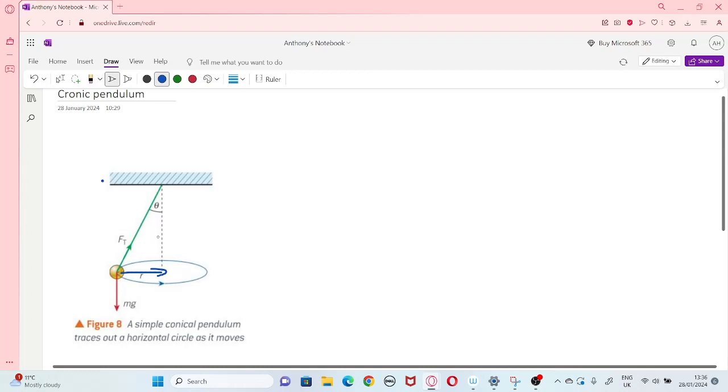So we've got an angle here. If we use trigonometry to find the opposite side of the triangle here, Ft sine theta will equal our resultant force, because the centripetal force acts towards the center.